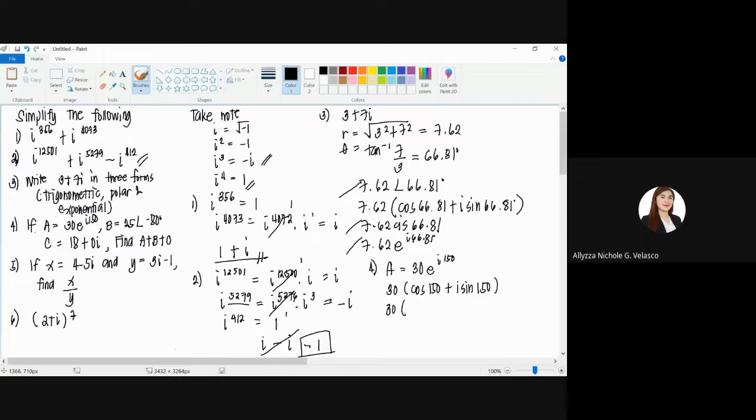Cosine 150 is equal to negative 0.87 plus yung ating sine 150 is equal to 0.5i.